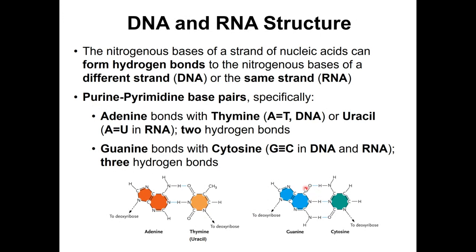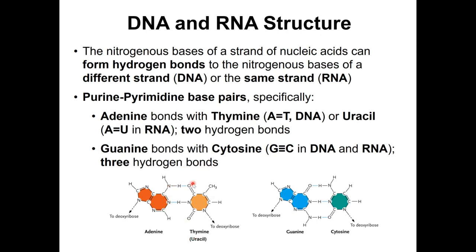Whereas guanine can form hydrogen bonds only to cytosine, not to adenine, thymine, or uracil. So the pattern here is between adenine and thymine, or vice versa, or adenine and uracil, or uracil and adenine, and guanine to cytosine, cytosine to guanine. Again, guanine and cytosine can form 3 hydrogen bonds, and adenine and thymine can form only 2 hydrogen bonds.